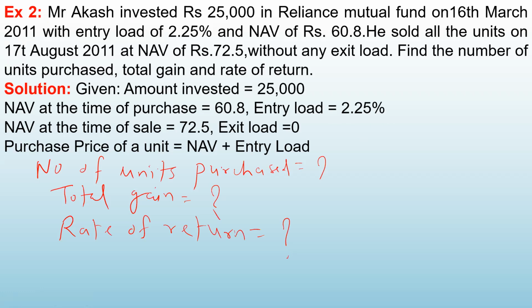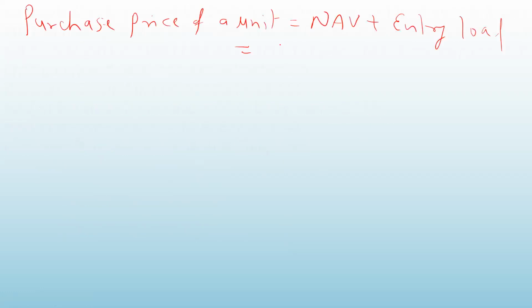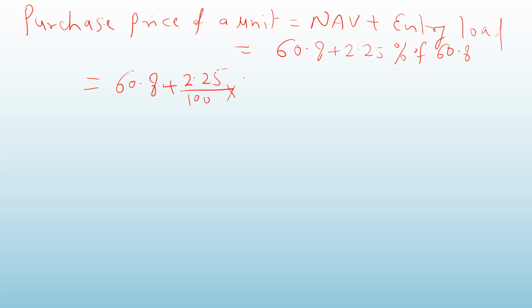So 60.8 plus 2.25%. Entry load is always expressed as a percentage of NAV. So 2.25% of 60.8. Calculate that. So write down here 60.8 plus 2.25%. This 2.25 upon 100 into 60.8. This is how you calculate the percentage. So it is equal to 60.8 plus find out 2.25 percentage of 60.8.